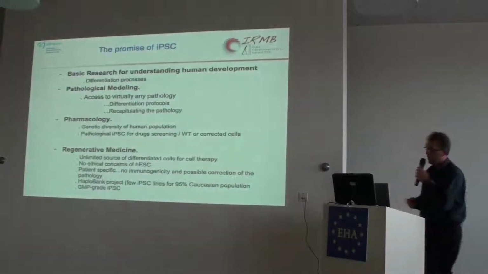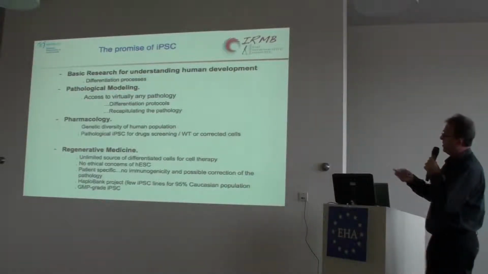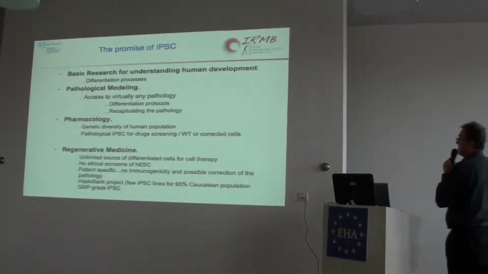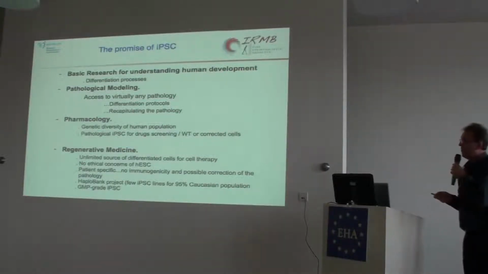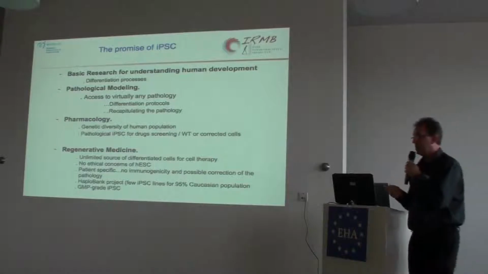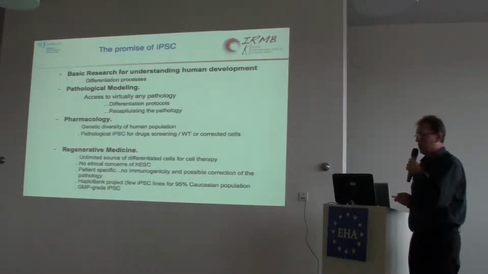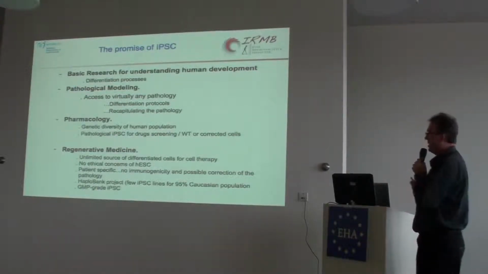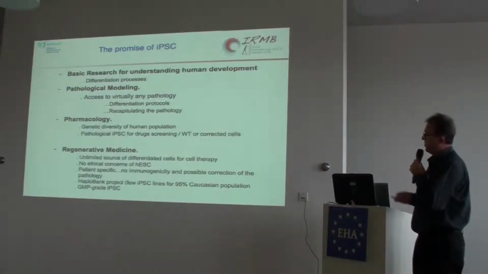So what we can do with iPS, definitely we can understand human development, which is highly complicated to investigate. We can also model pathology, because if we start from a patient with a pathology, we can redifferentiate them and recapitulate the pathology, and there are actually more than 80 pathologies derived from iPS.